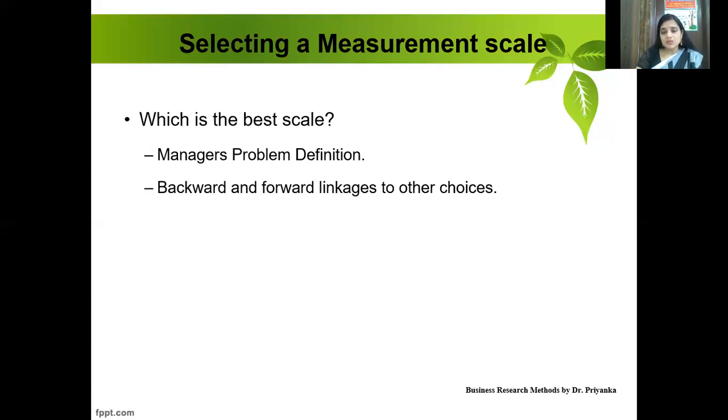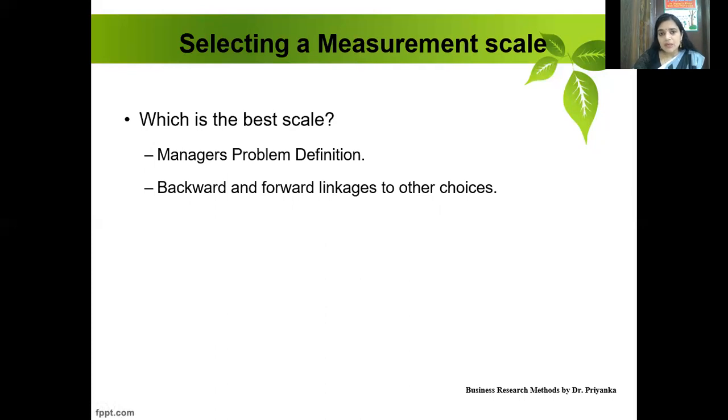Then how would we select a measurement scale? What is the best scale? Can you directly tell me what is the best scale? No, it depends on the study. For example, it depends on the manager's problem definition, what kind of problem you have in your hand, or what kind of research study you are going to do, and its backward and forward linkages to other choices.